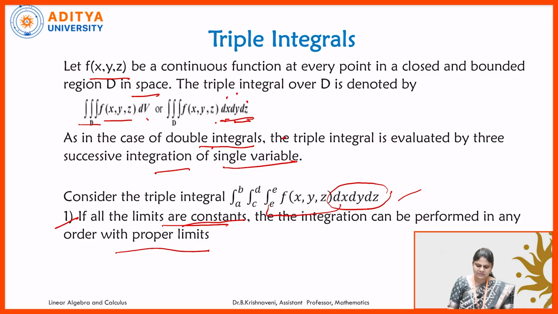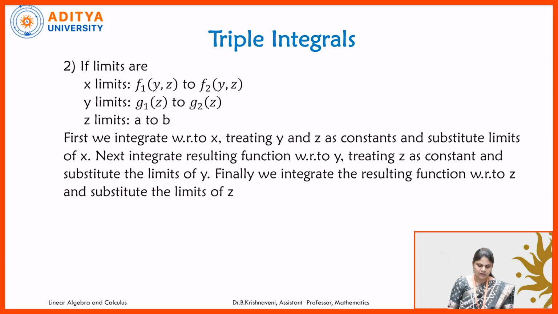So here the inner limits are the x limits, the next inner limits will be the y limits, and finally the outer limits will be the z limits. Now the second case: the x limits are in two variables, that is y and z, the y limits are a single variable, that is in terms of z, and finally the z limits are constant. To identify the limits in this case, just as in double integration, if the limits are in terms of x, those are y limits.